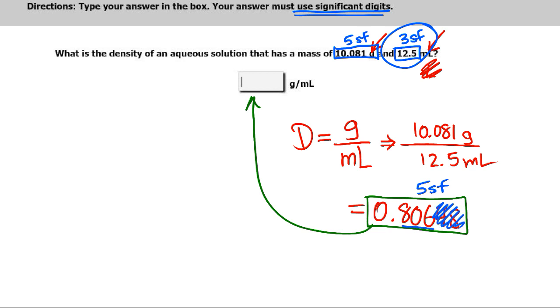So the answer you put in would be 0.806. If you were to put in more digits, you would actually get the answer wrong because this is less of a problem of testing if you remember the density equation, and more of a problem to see if you remember and learned what significant figures or significant digits are.